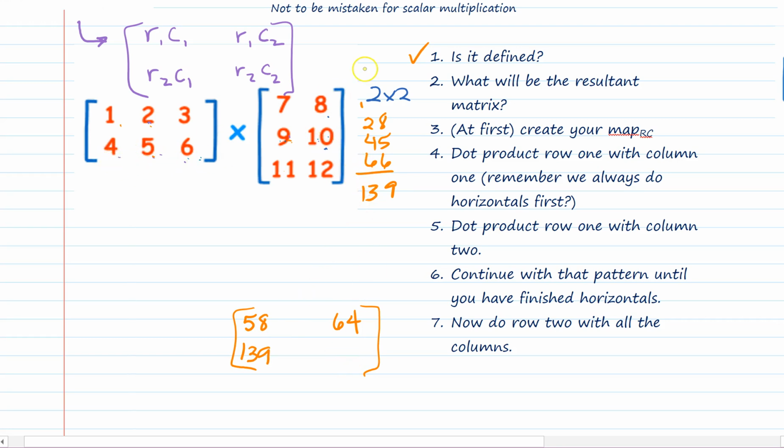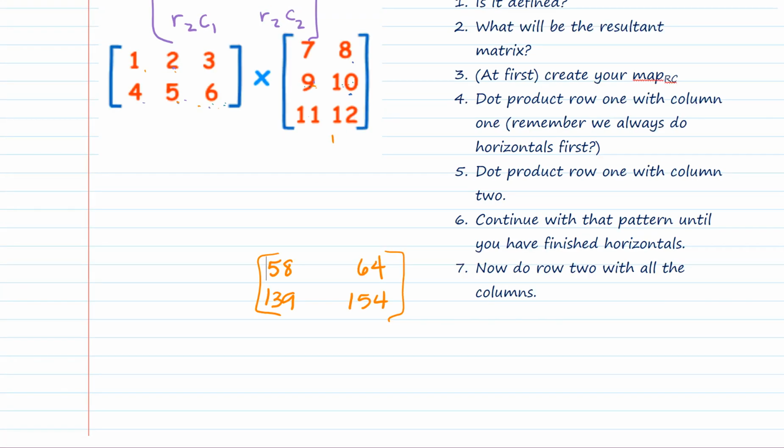Dot product: 4 times 8, 5 times 10, 6 times 12. That adds up to 154. And there, I hope, is my answer. Let me clean things up a bit.